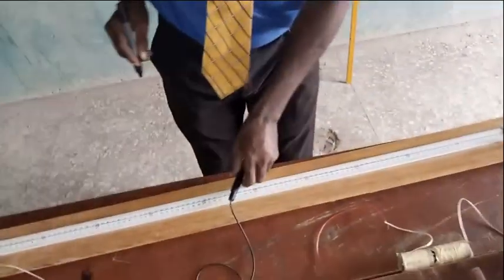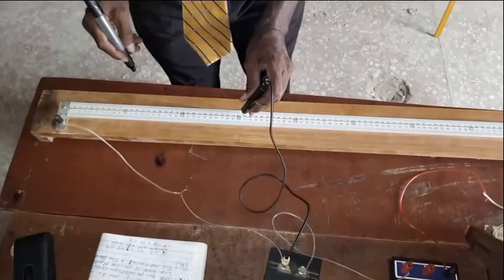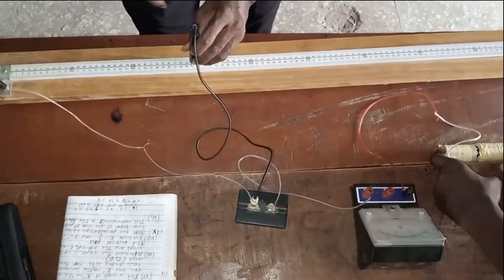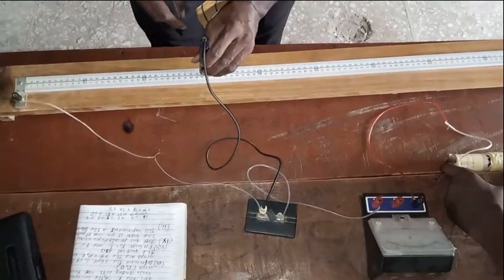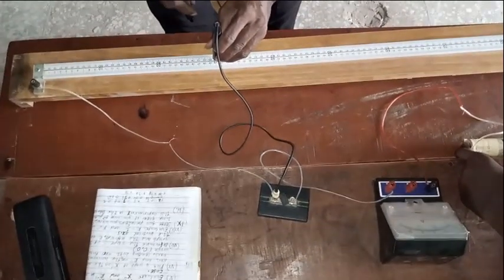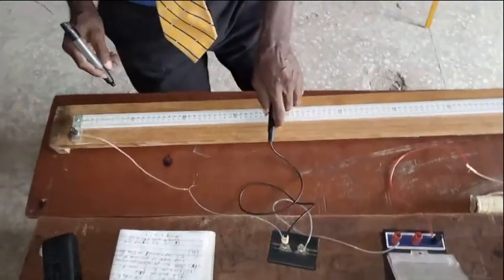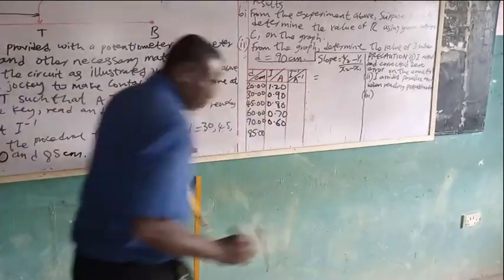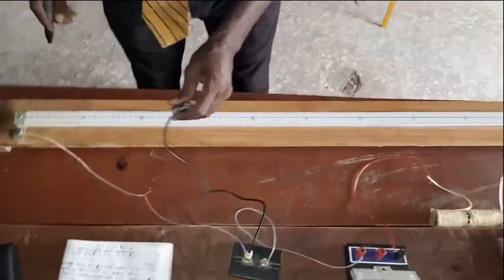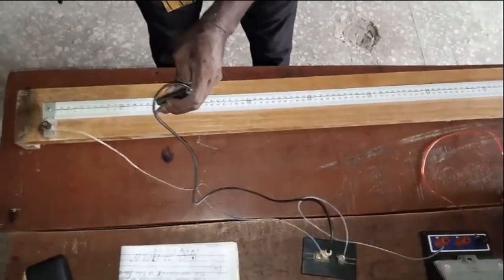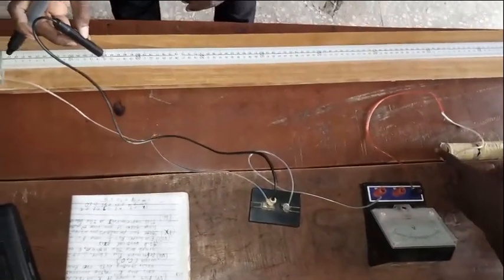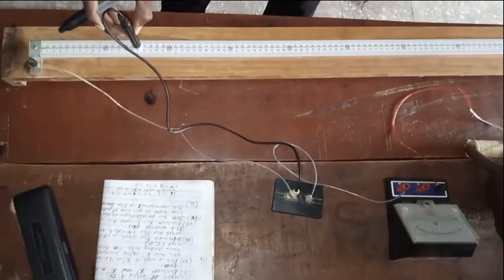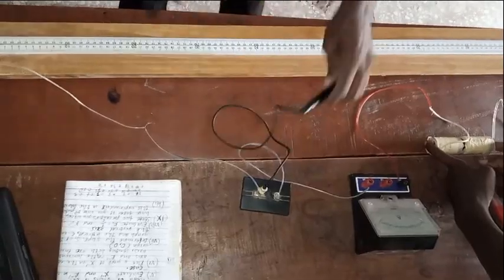When D is equal to 70, I is equal to 0.6. When D is equal to 85, I is equal to 0.5.